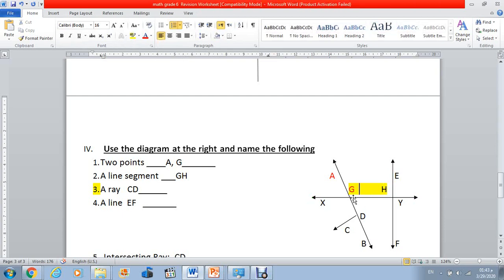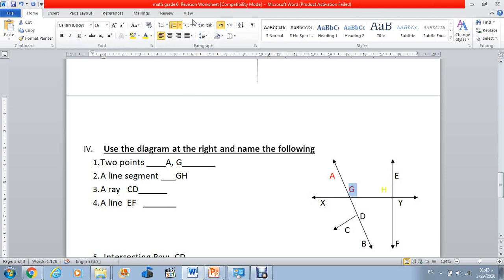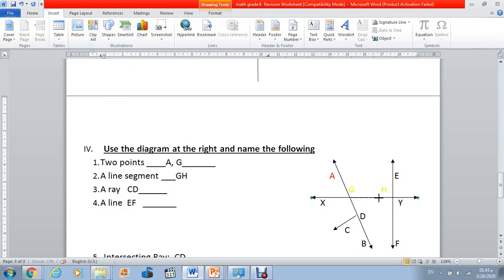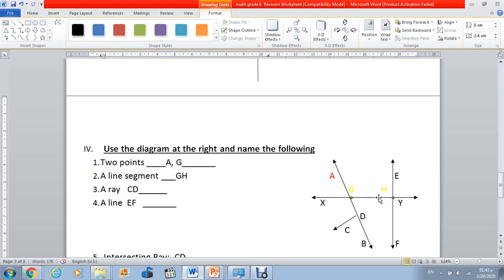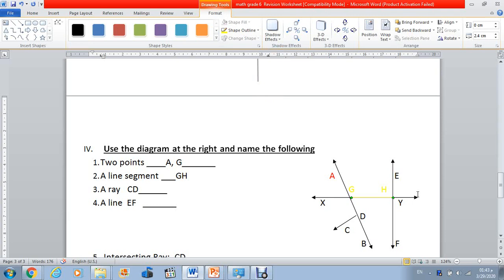From G to H is a line segment. I can put it here in yellow for you. So this part GH is a line segment because it's a part of the full line, and a part of the line we name a line segment.